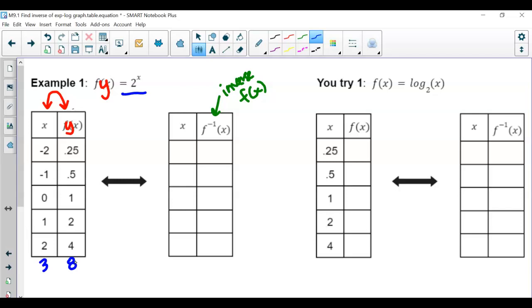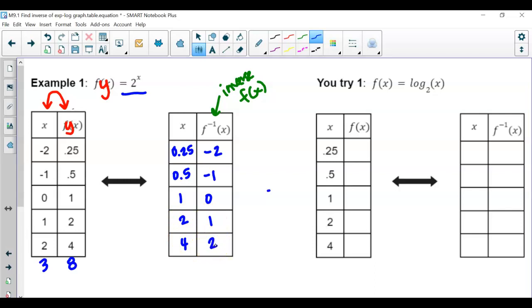So if I wanted the inverse, then 0.25, which was my y, is now my x, and now -2 is my output, or my y value. So notice how to get the inverse, you are switching the x and y values.